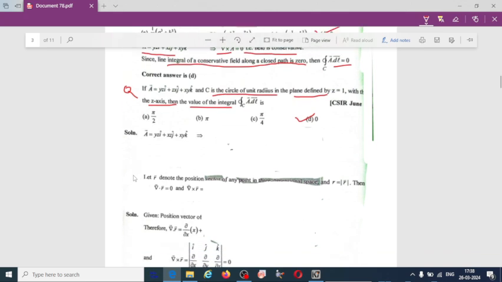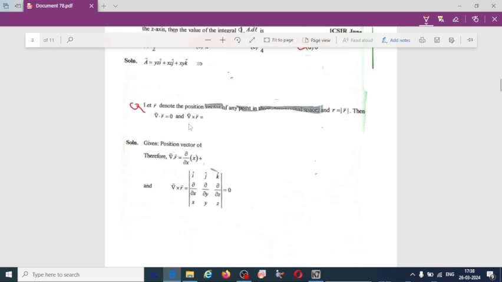So next question: let R denote the position vector of any point in three-dimensional space, and R is equal to mod of R. Then del dot R and del cross R is what? This question has been asked many times. So del dot R, if you take, is the derivative with respect to x, y, z, that is going to be 3, because dou x by dou x, dou y by dou y, dou z by dou z gives 3.